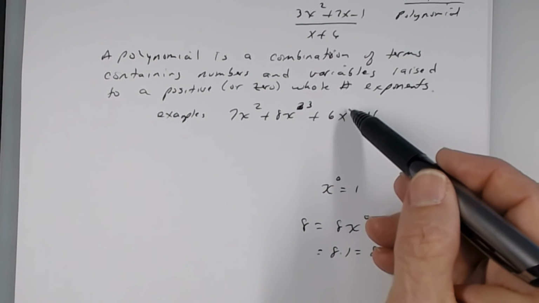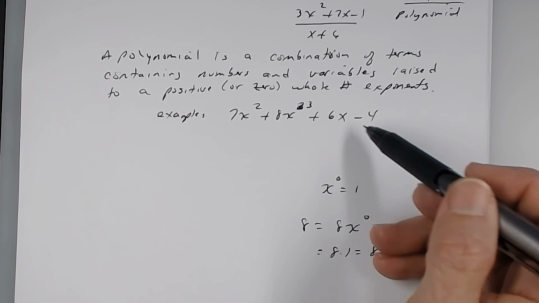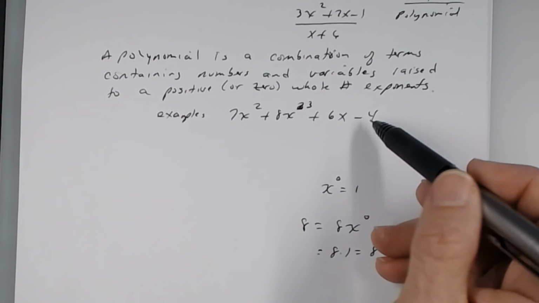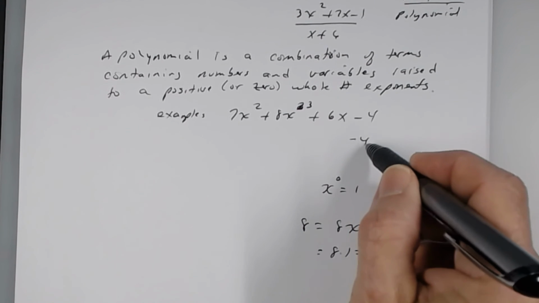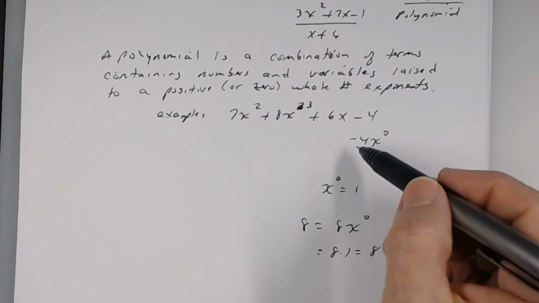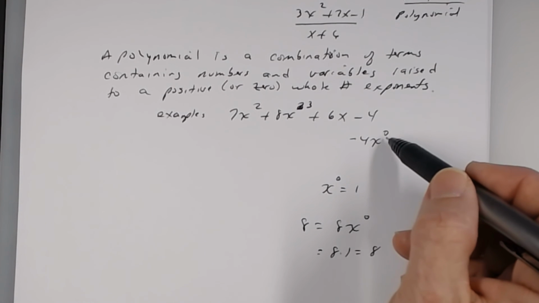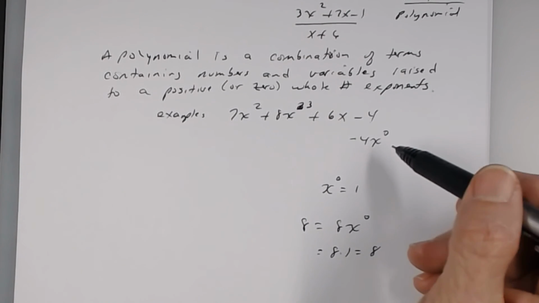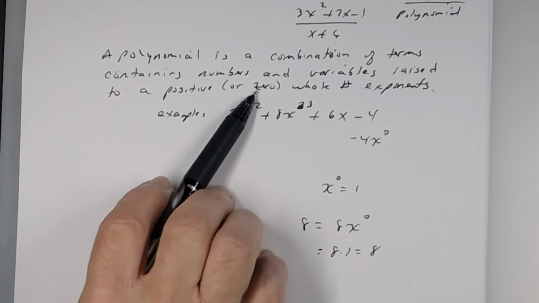This term, the exponent is what? No, 1, x to the first. This term, what's the exponent if I were to put a variable there? 0, because this would be minus 4x to the 0 power. Because x to the 0 is what? 1. 1 times negative 4 is still negative 4. So that's why they were talking about or 0.